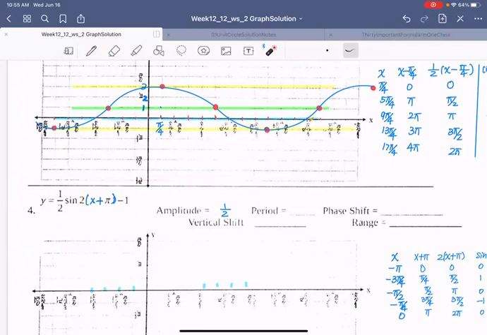So you find the period by doing 2 pi over b, so period is pi. That's right. And the phase shift is shifting to the left by pi. Next, the vertical shift is down 1, so the midline would be -1.